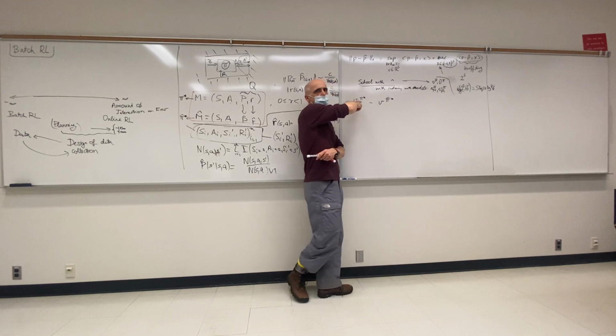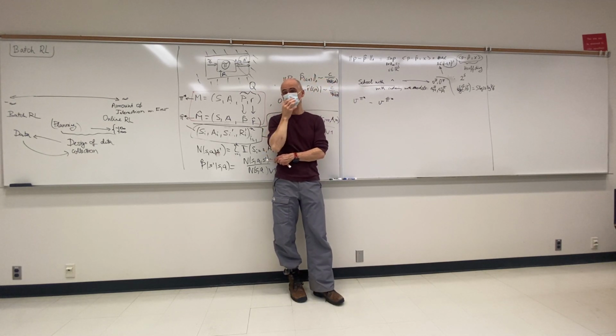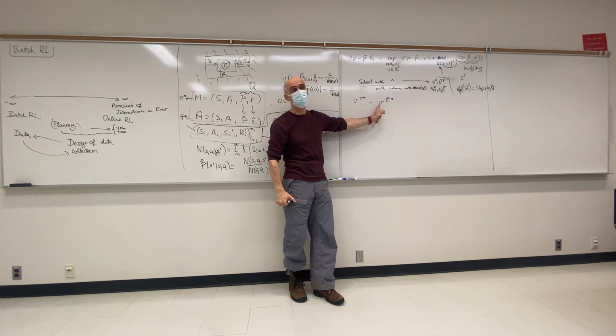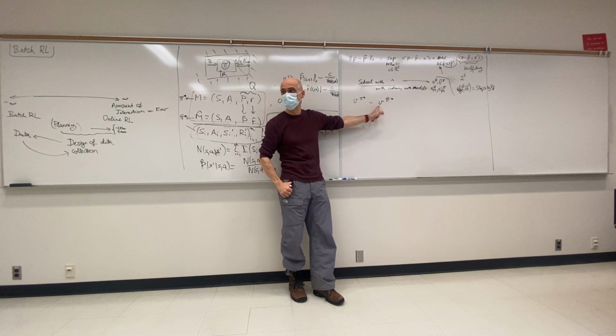Anyway, so this is the optimal value function in MDP M. We care about whether the value function of our policy, when we run it in M, is close to it. It's going to lose something, so it's going to be below it, so we need to upper bound this. Right?